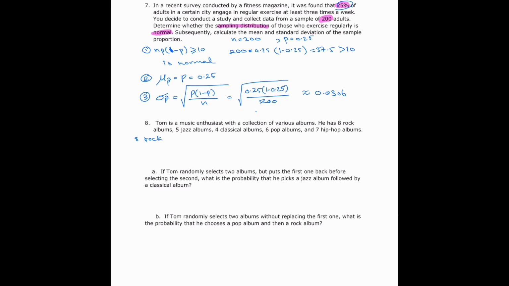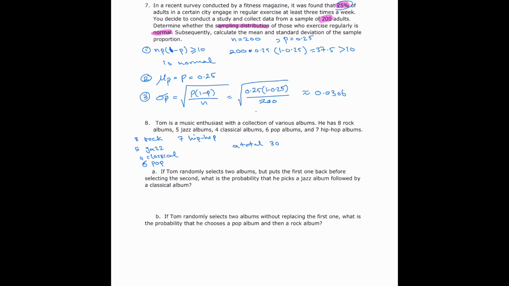I have 8 rock albums, 5 jazz albums, 4 classical albums, 6 pop albums, and then finally 7 hip-hops. That is a total of 30.